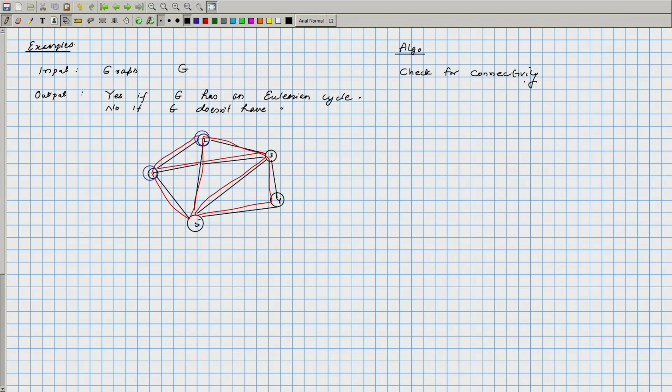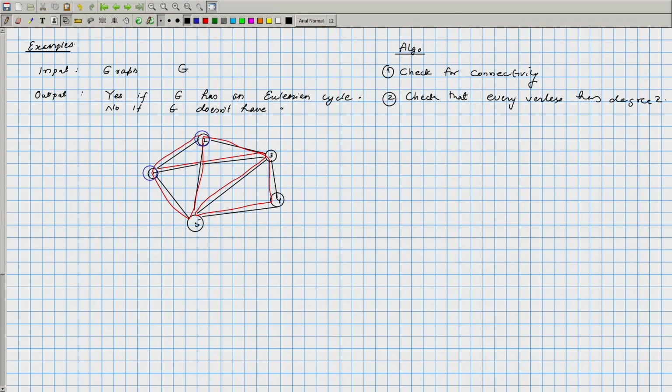If you take two disconnected graphs and both of them have an Eulerian cycle, that will not be considered an Eulerian cycle, because we do not really have a cycle; it is part of two different components. So, we check for connectivity and check that every vertex has degree 2.